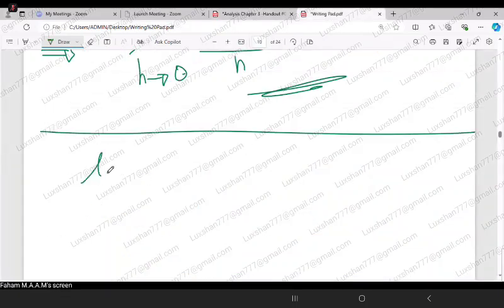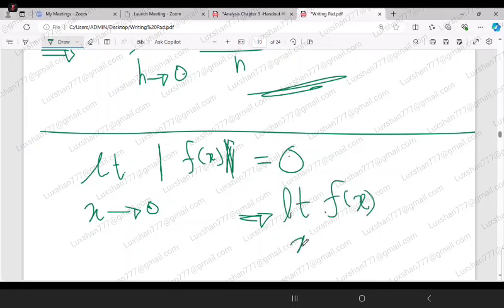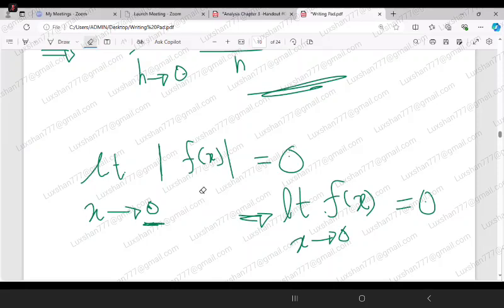If the limit of mod of f(x) as x tends to 0 equals 0, then you can conclude the limit of f(x) as x tends to 0 is 0. If the mod function tends to 0 as x tends to 0, you can say that without mod that also tends to 0. There is a theorem.